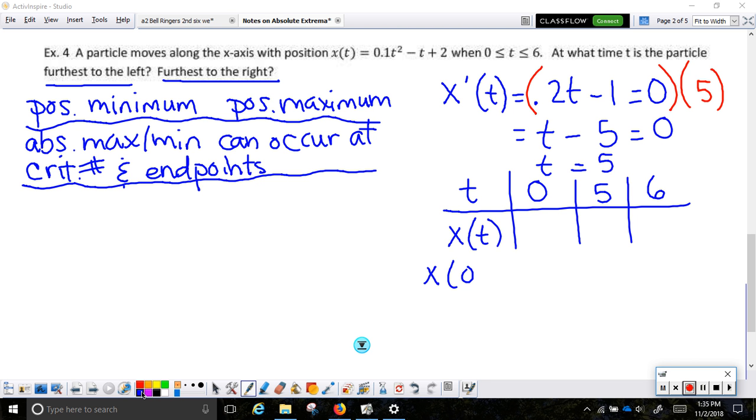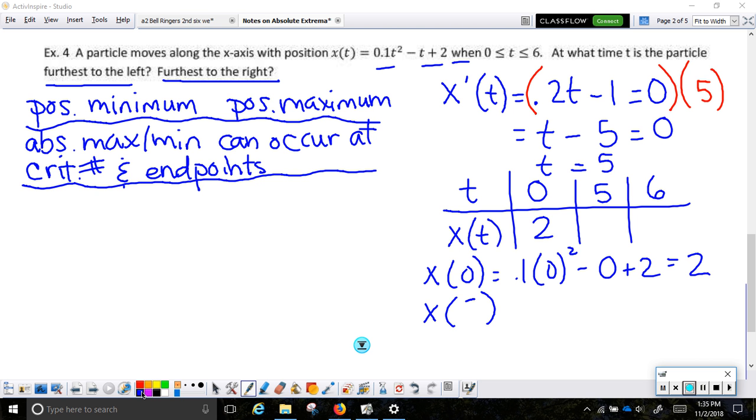So plugging in 0, that's going to be 0.1 times 0 squared minus 0 plus 2. That gives us 2. So at time 0, the particle is at a position of 2.